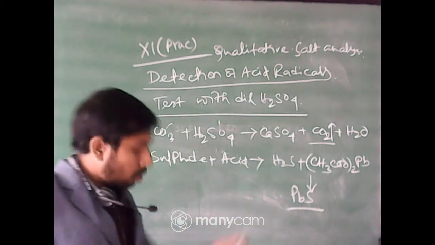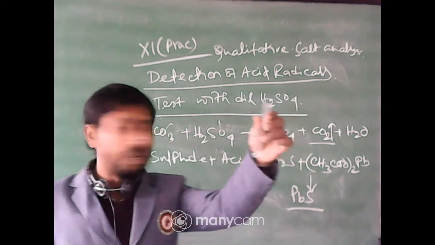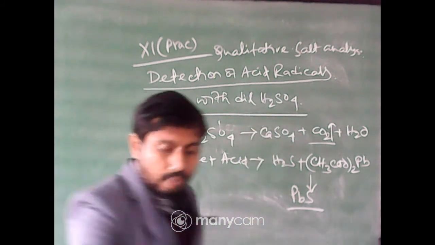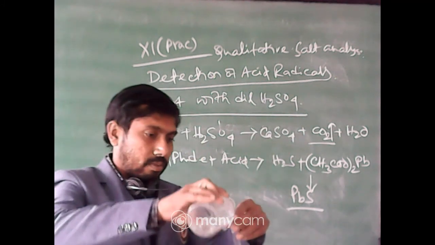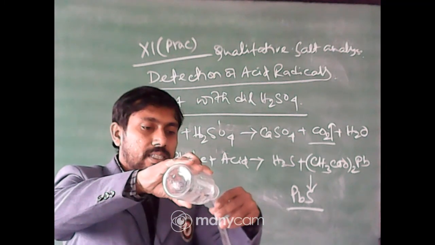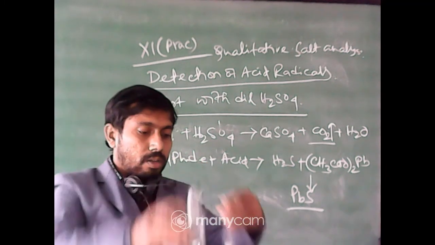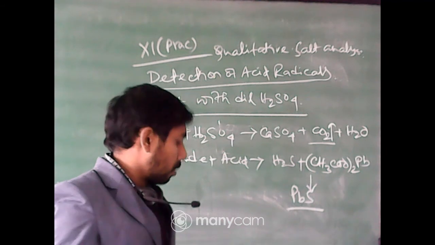Okay, so the sulphide sample is taken here. Now I will add one acid, that is mineral acid HCl or H2SO4. Okay.